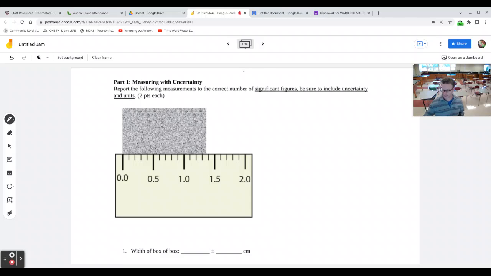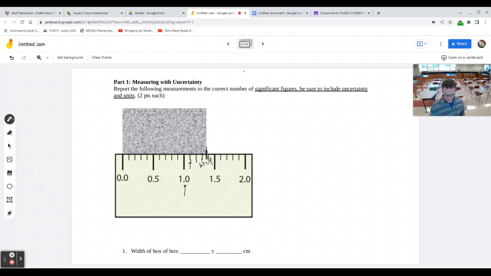So you're going to look at your ruler here, which has markings. It doesn't have units, but there are markings at each whole unit as well as in between at each tenth of a unit. So that means that this object is between 1.3 and 1.4.